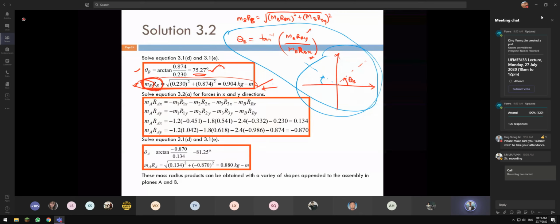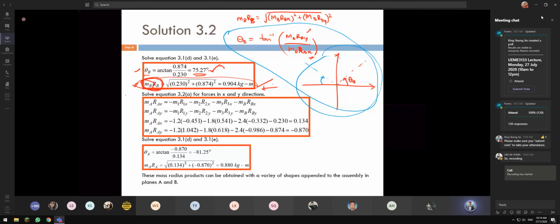Once we get the MBRB and its angle, we can go on to put everything into the force equations. Again, for the force equations, we have been breaking it down into the X and Y components.